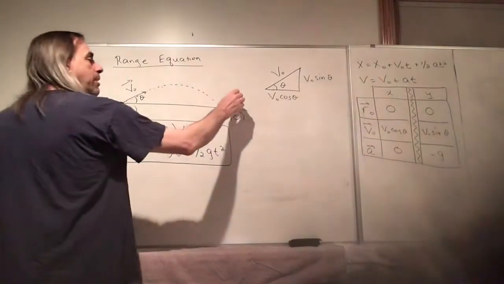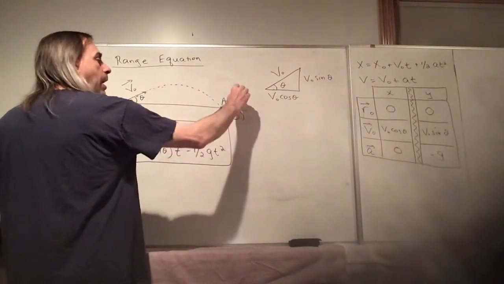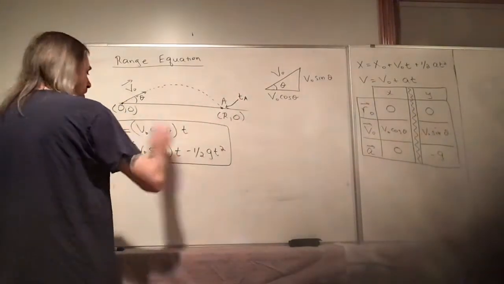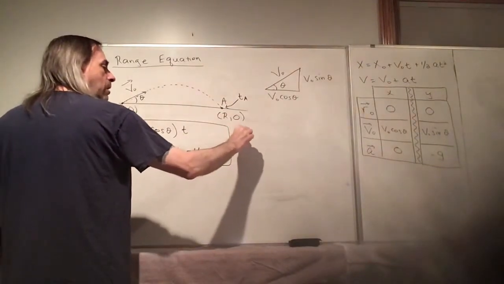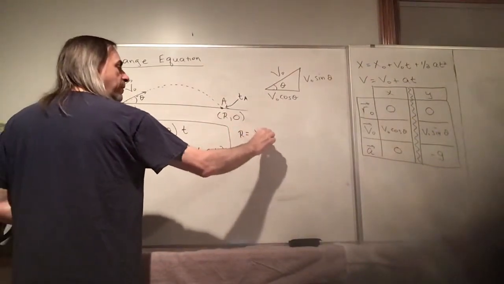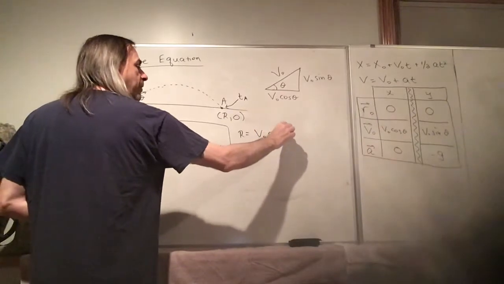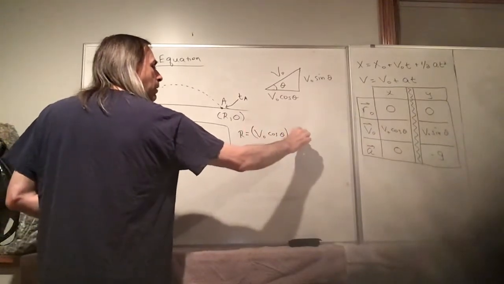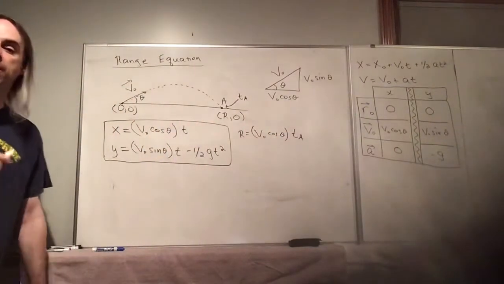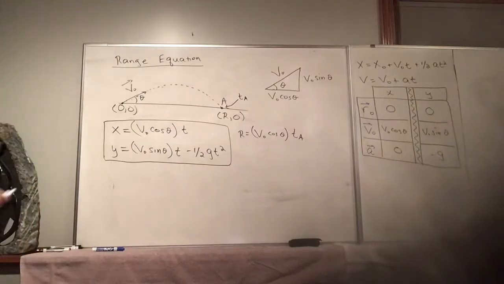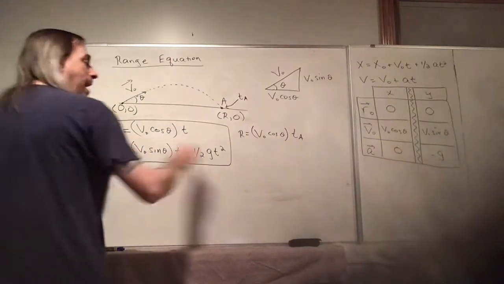Remember, there's 3 coordinates here: x, y, and t. So for x, we have r equals v naught cosine of theta times the time, this particular time, t_A, which we don't know. The y-coordinate is 0.